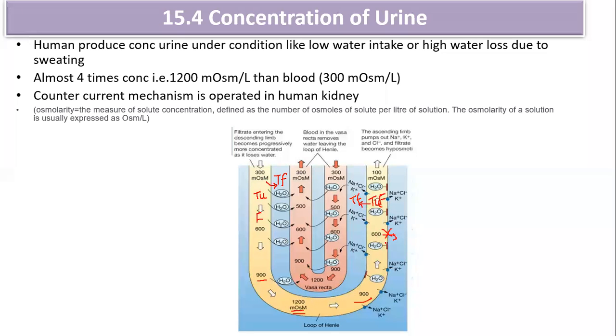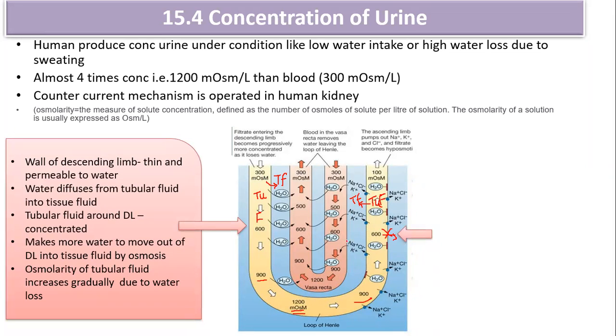Yes. So you can see over here what is written. The wall of the descending limb is thin and permeable to water. So water is going to diffuse out. You can see this water is going out by the process of osmosis. So the tubular fluid around the descending limb becomes concentrated.